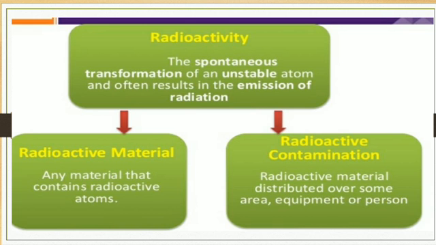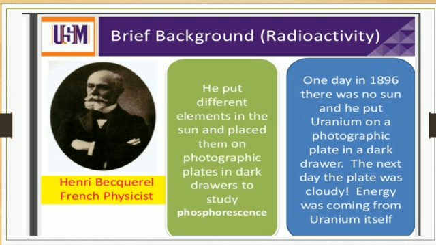Now come to the brief background of radioactivity. This is the picture of Henri Becquerel, a French physicist. He put different elements in the sun and placed them on photographic plates in dark drawers to study phosphorescence.